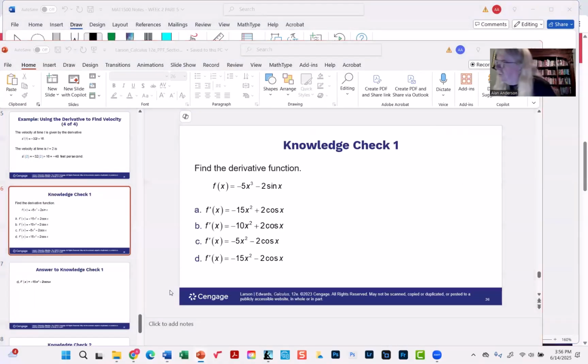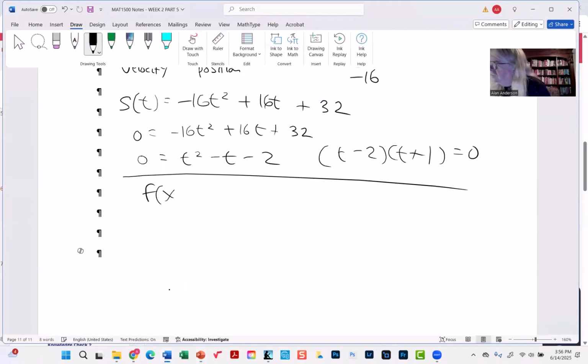So first we have f of x equals minus 5x cubed minus 2 sine x. So we're going to use the power rule for the first term and one of the trig rules for the second one.